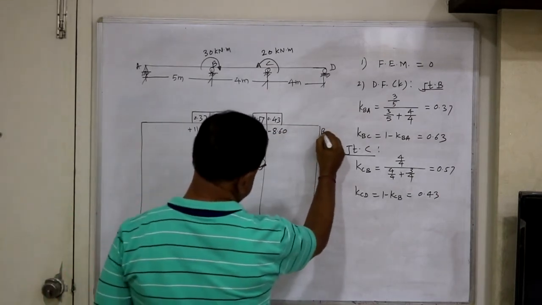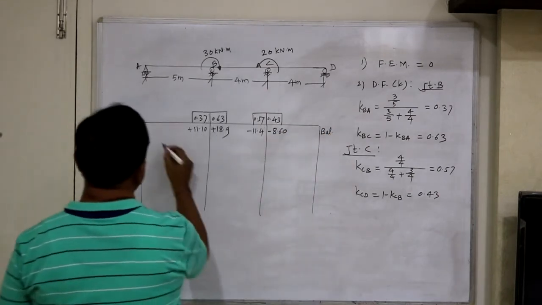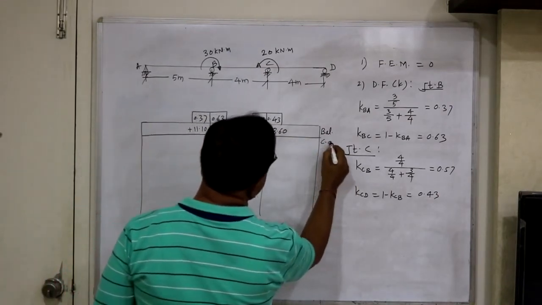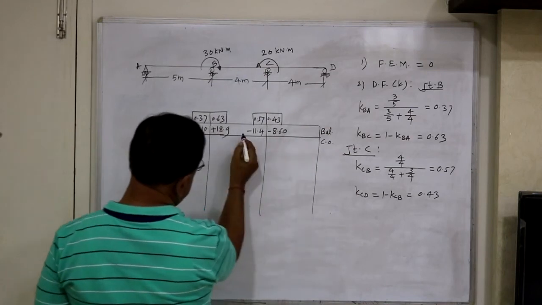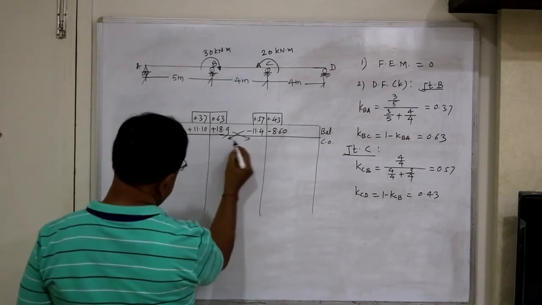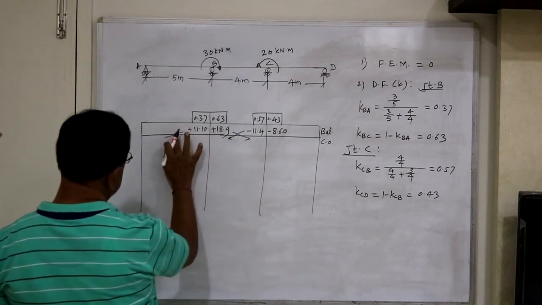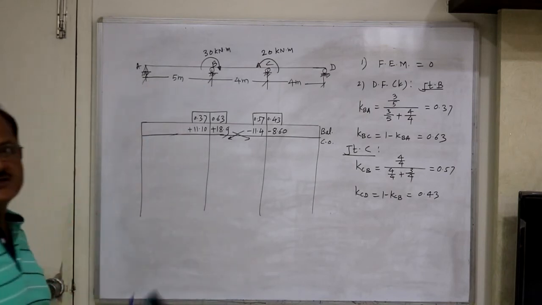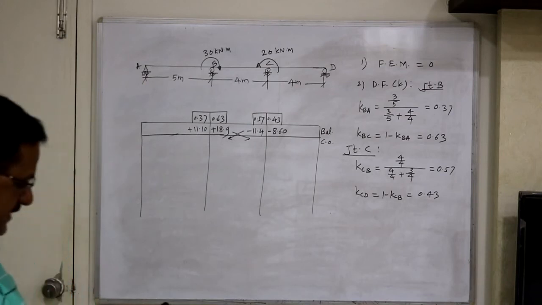Under such cases, you have started balancing. What is the next step? Carry over. Whenever we do balancing, this cannot be carried over, but this you can carry over. This also cannot be carried over because this is a hinge. That is, the left end is a hinge.